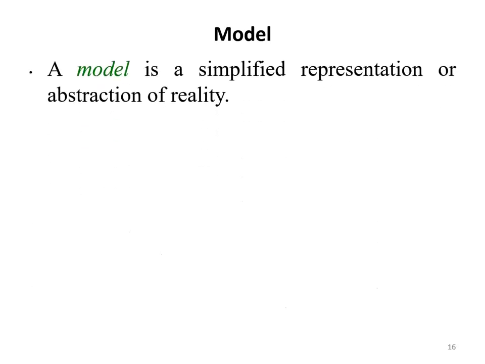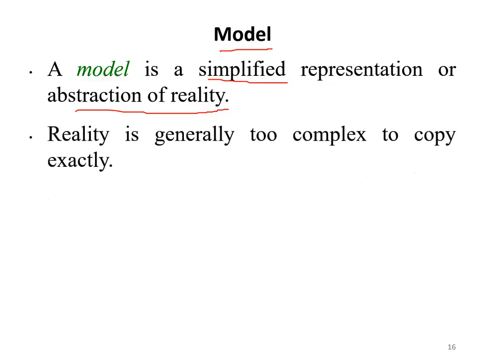So what defines a model? A model represents a simplified representation or abstraction of reality. In other words, a model represents the engineer's view of the physical system. But this begs an important question: why is simplicity needed?